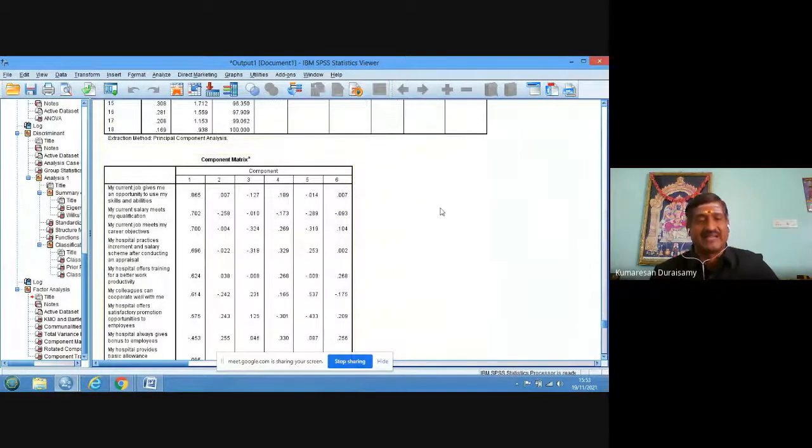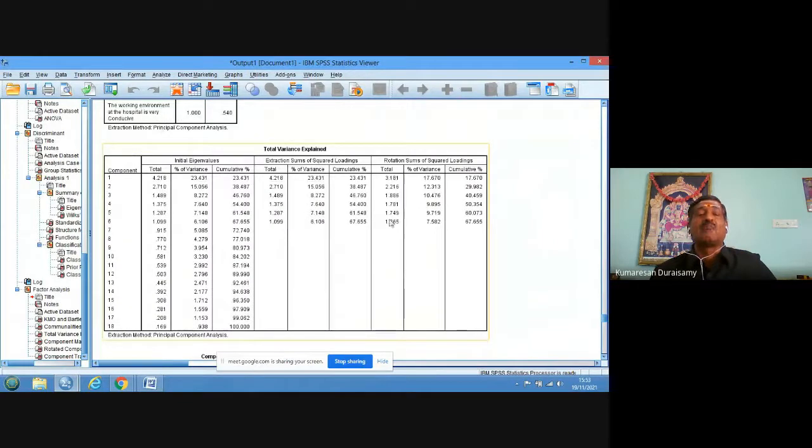After that, now this 3.181 is the squared loadings of not the first factor, but the first component. What do you mean by component? Component is a group of factors. So here some factors are grouped in the first component. So the total percentage of variance explained by this component is 17.67%.